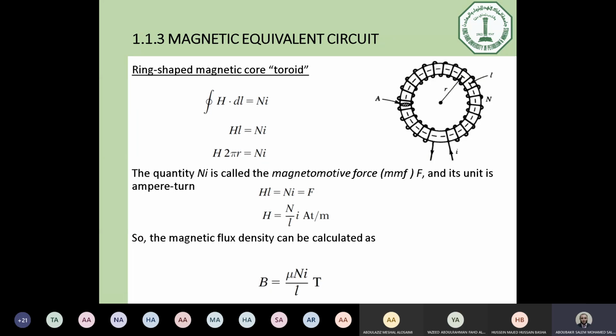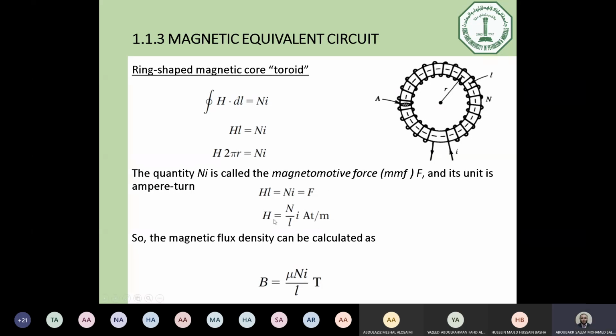We have to note that the source of the magnetic field is the MMF, which is the source of current here. So we can call MMF the multiplication of NI, which is equal to HL. So this is considered the source of flux in our circuit.